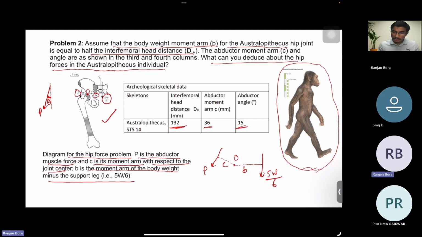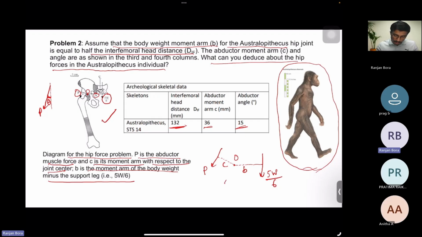At the point O, there is one joint reaction force Fj. We need to find this Fj. Fj is unknown, and P is also unknown, but we can find P first using the moment equilibrium about point O.